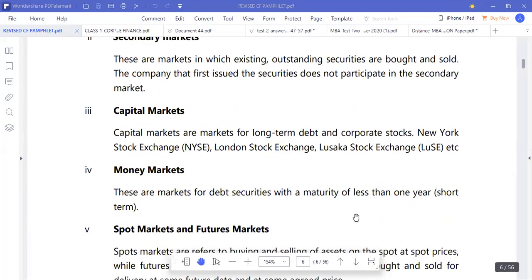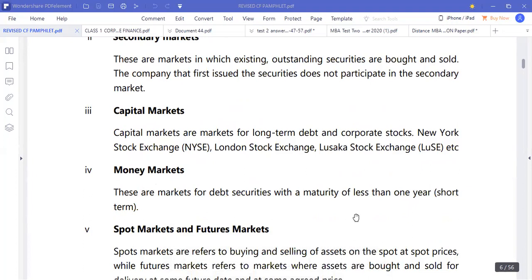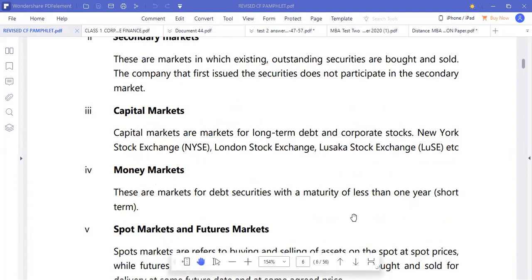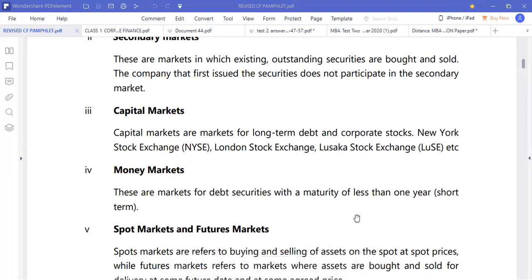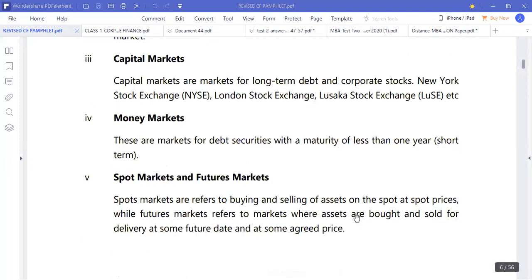We also have what are called capital and money markets. For short-term debt securities, we use money markets. For long-term debt securities, we use capital markets. An example of a capital market is the stock exchange. In Zambia, we have the Lusaka Stock Exchange. Also, we're going to look at what are called spot markets and futures markets.